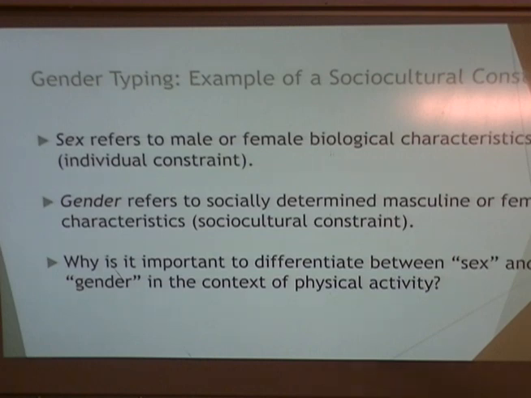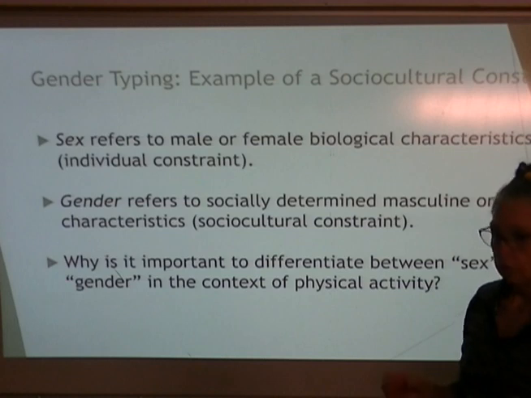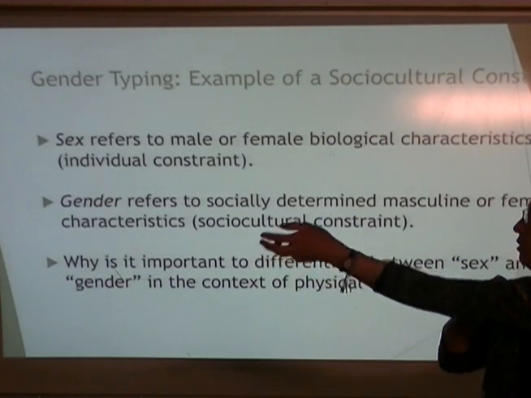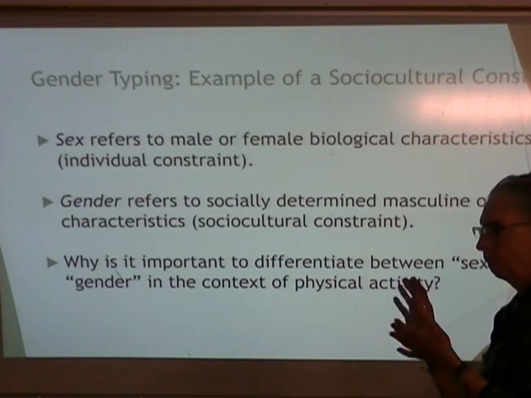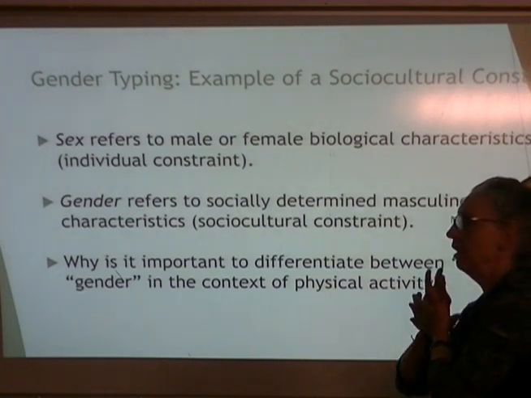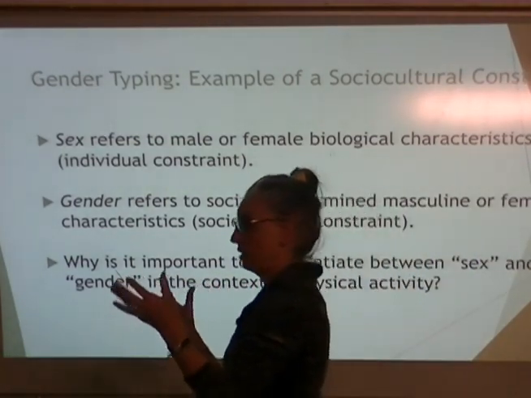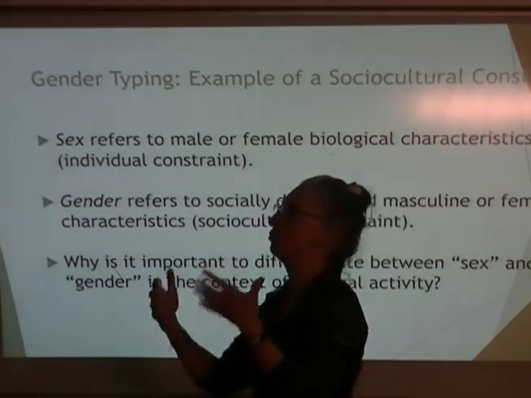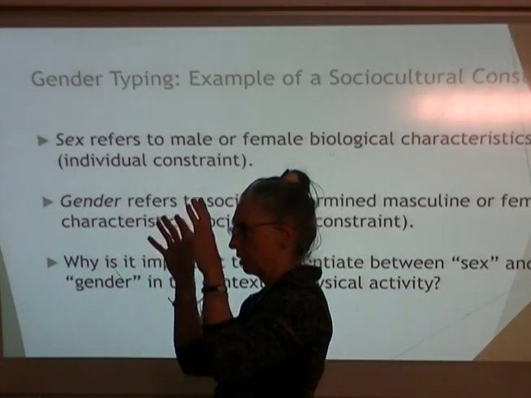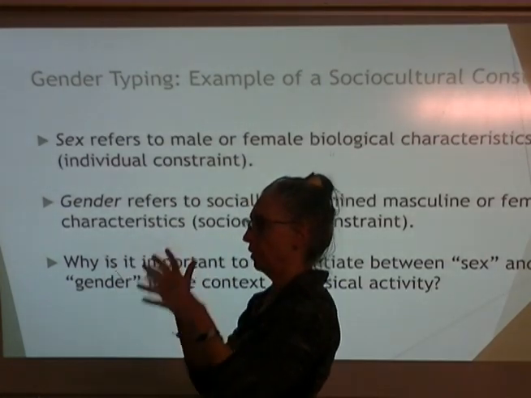So gender typing is a form of sociocultural constraint, and we gender type all the time in society, without meaning to necessarily, right? It's not like we go out to deliberately stereotype certain activities.